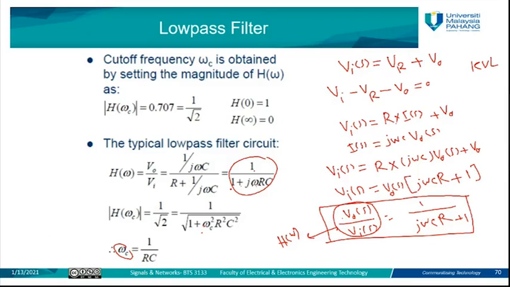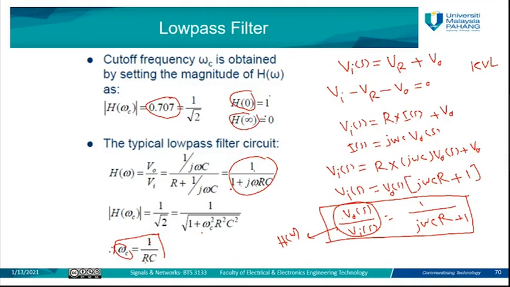You need to know that for the low pass filter, the cutoff frequency is equal to 1 over RC. This is the formula, and H at omega C is equal to 0.707. H of 0 is equal to 1. H of infinity is equal to 0.